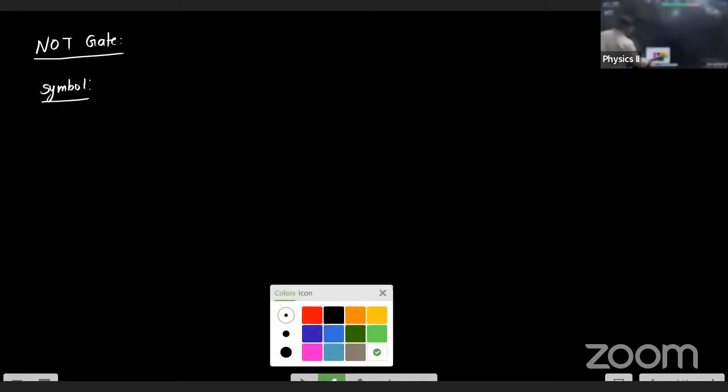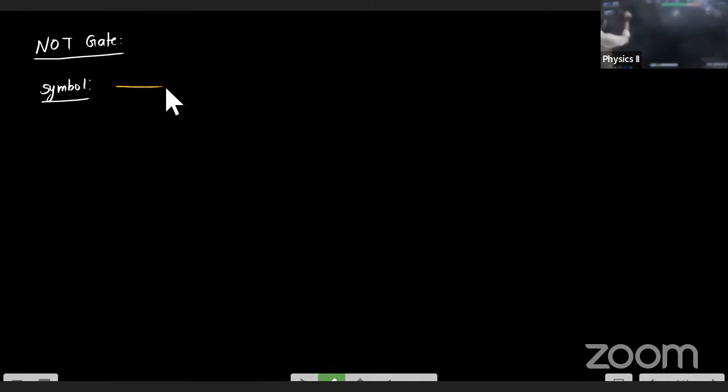What is the symbol for the NOT gate? Just now we have seen the symbol. The NOT gate consists of one input and has a triangle-like symbol. If the input is A, what will the NOT gate do? It will invert the thing. So I will be getting the output Y is equal to A bar.